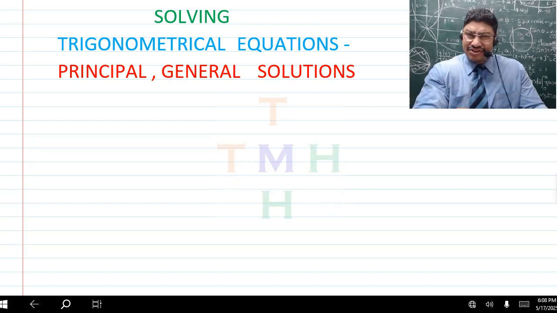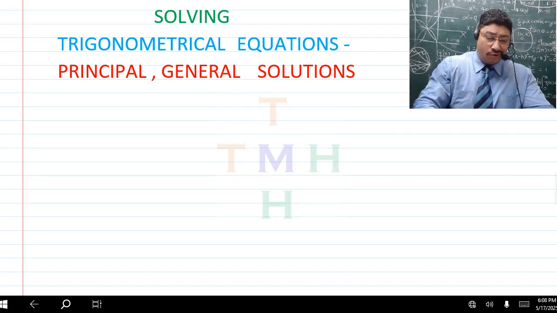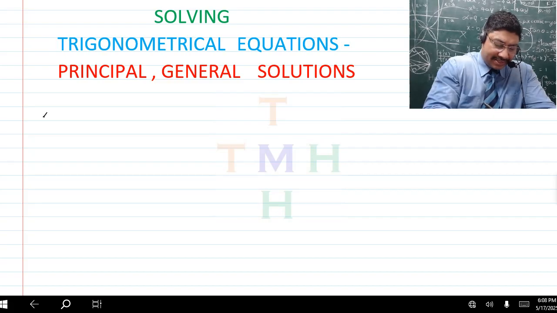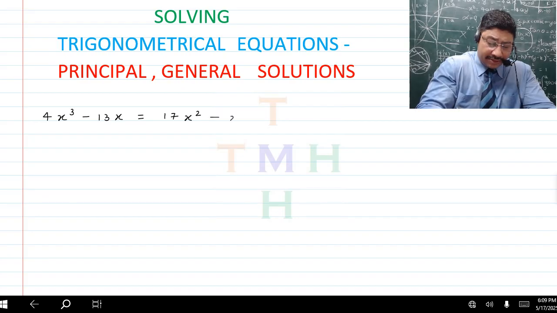So let's get started, children, and let's quickly discuss what an equation is. An equation is an algebraic expression which somewhere in between or probably at the end has an equal to sign. For example, an equation can look something like this: 4x cube minus 13x is equal to 17x square minus 23, right?